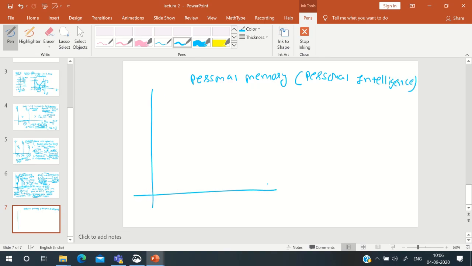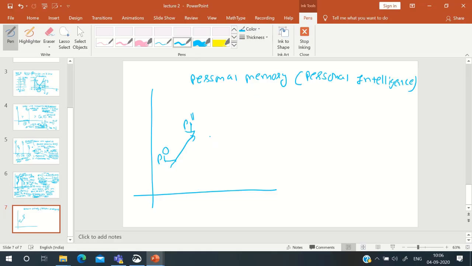Again I draw the graph. This was P1, and this was P1 at iteration 1, and this is 0. Now this is the new position of the particle at the end of the first iteration, right?